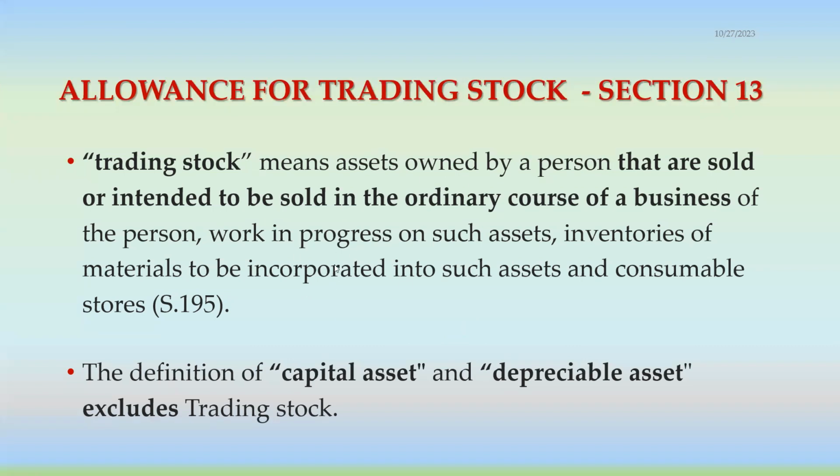Can you tell me? These are the expenses we are going to deduct in calculating our assessable income. So now we are talking about trading stock. What is the purpose of deducting this trading stock?